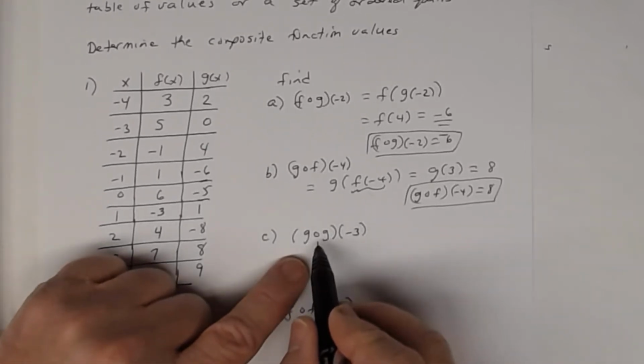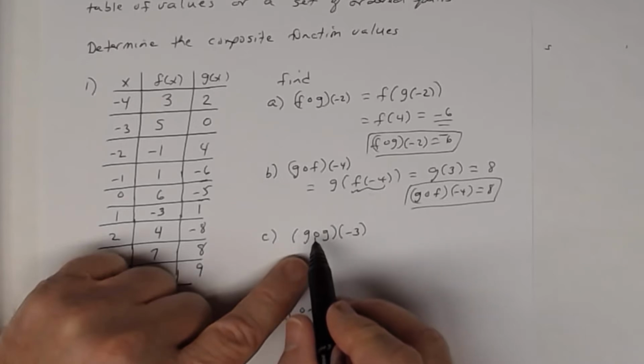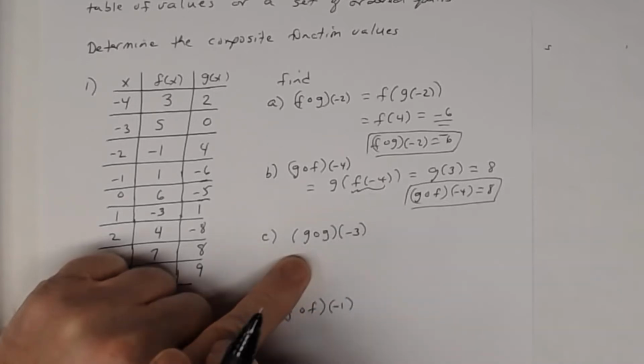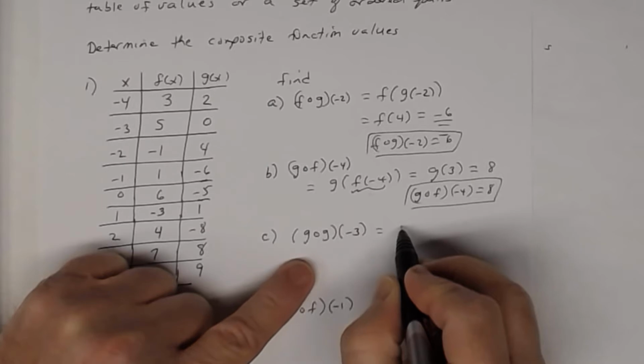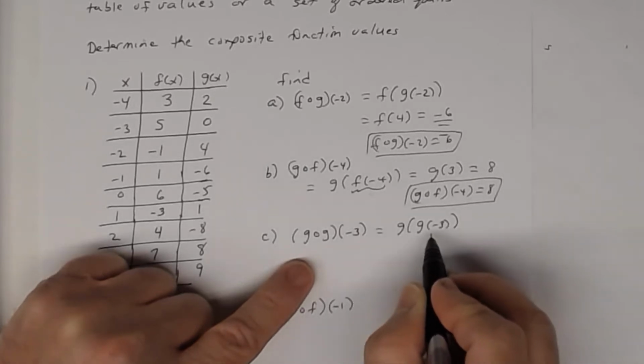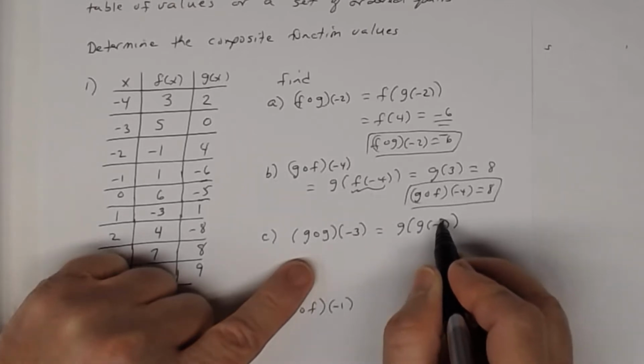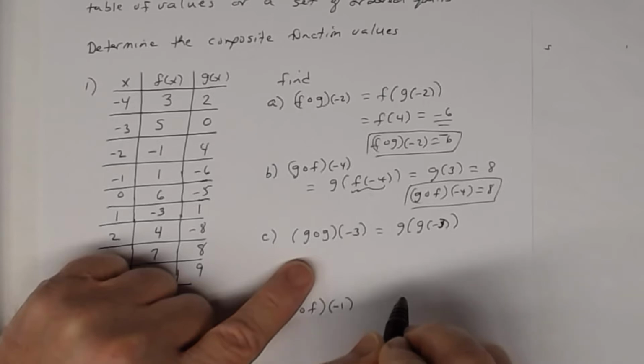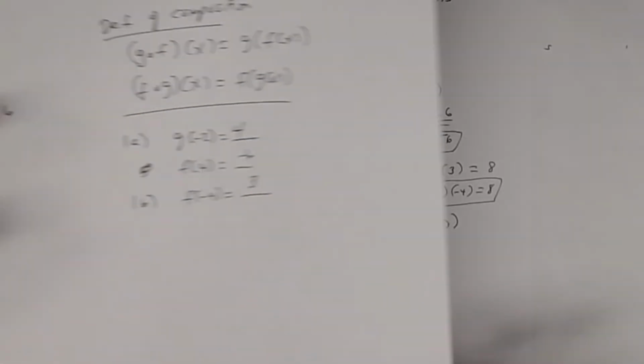All right, so by definition, let's do this one. This says g composed with itself at negative 3. By definition, this means g of g of negative 3. So I have to figure out what g of negative 3 is. Let's go off to the side and figure that out.